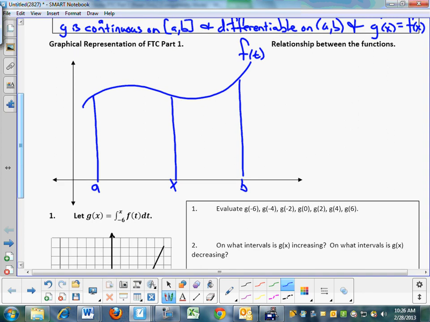So what we've said before was that we were just going to add up all the area from a to b, right? And that's what you guys practiced. And you can do that, right? We're all good at that.